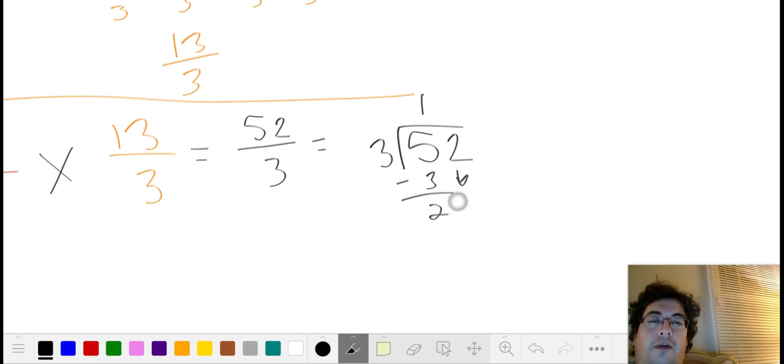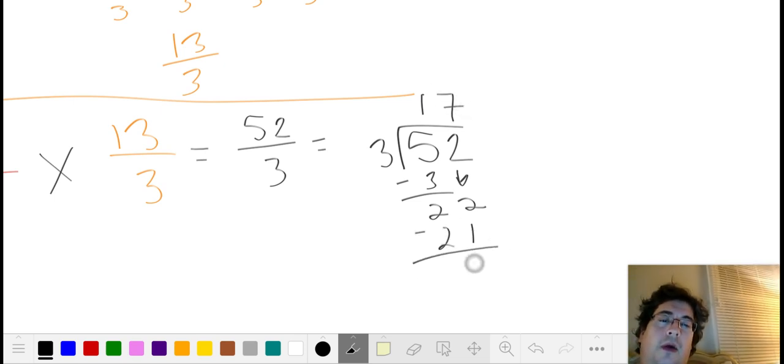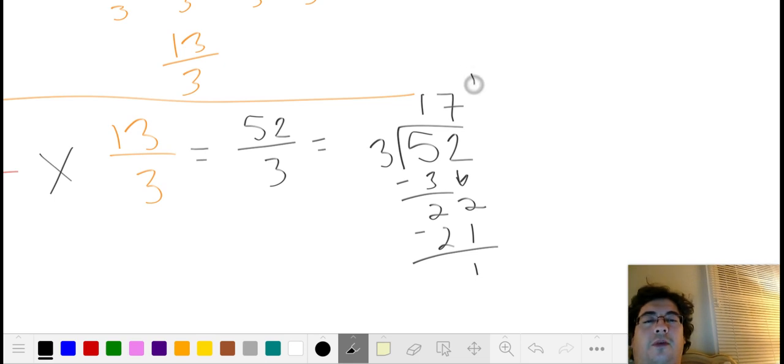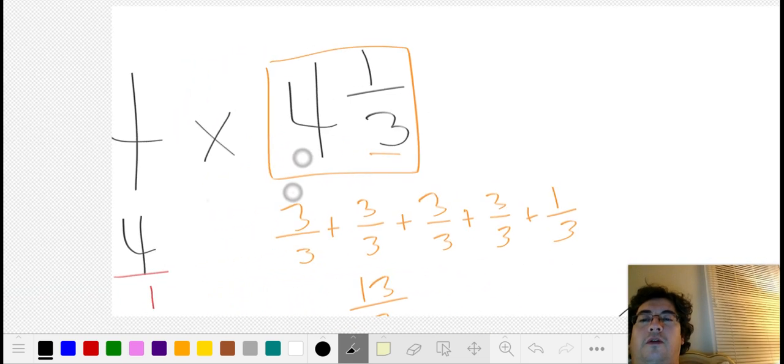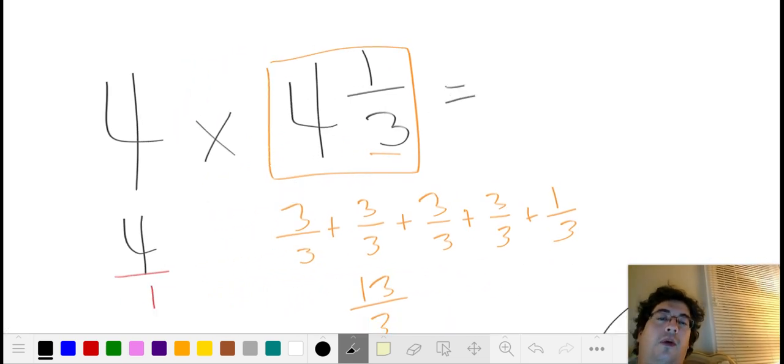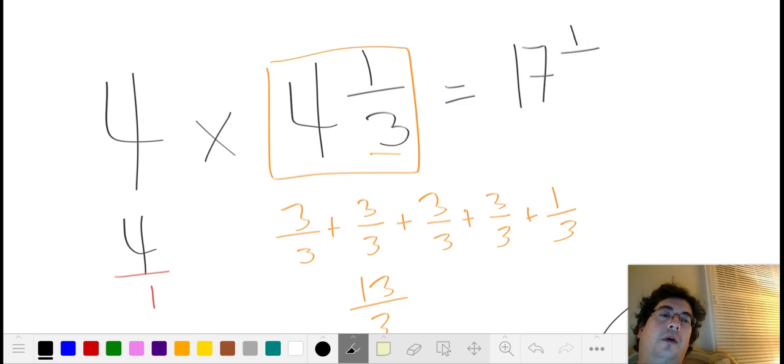Bring our 2 down. Now we're seeing how many times 3 goes into 22. That would be 7. And the remainder is 1, which becomes the numerator of our fraction, and the divisor 3 becomes the denominator. And so as a mixed number, 4 times 4 and 1/3 would be 17 and 1/3.